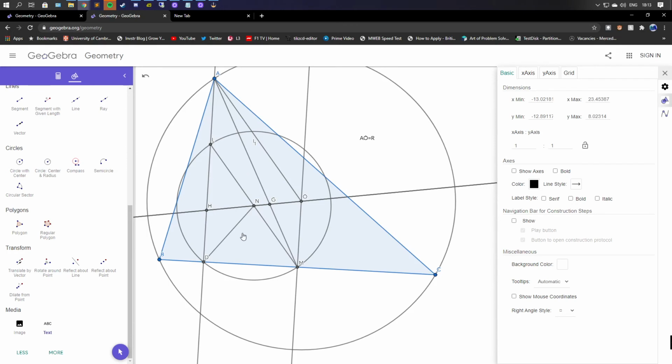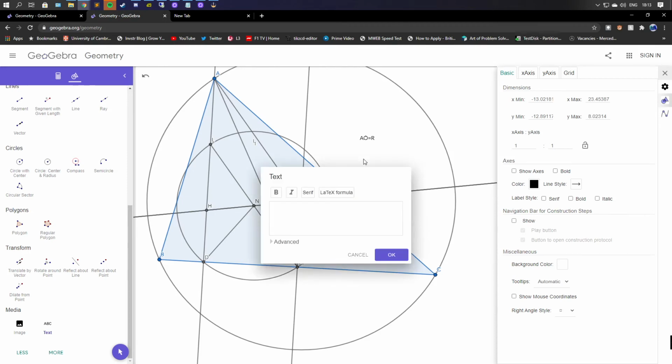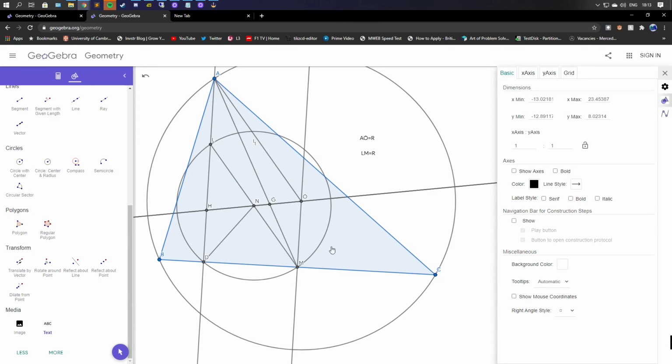Now, we know that LM is the diameter of the 9-point circle, which means the length of LM is half the diameter of the circumcircle, which is just the radius of the circumcircle, which is R, which means LM is equal to R. So to show that ALMO is a parallelogram, we only need to show that AO is parallel to LM.